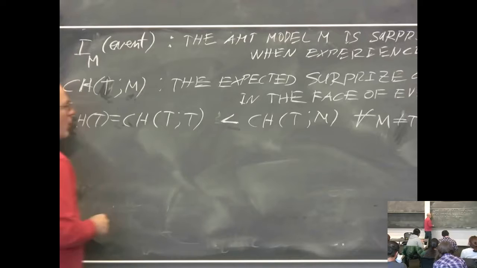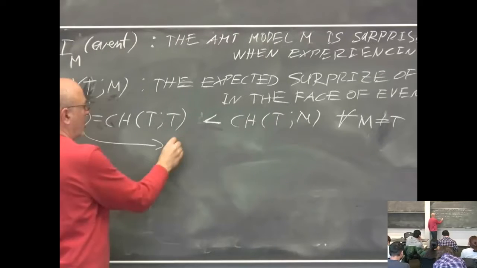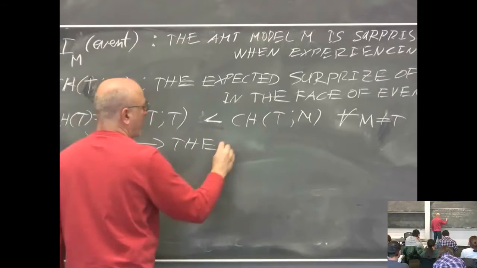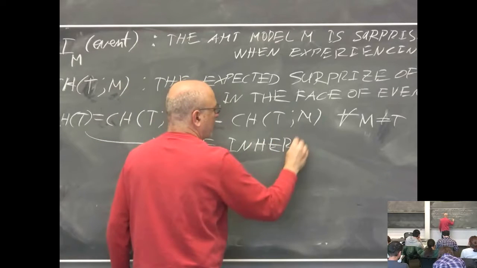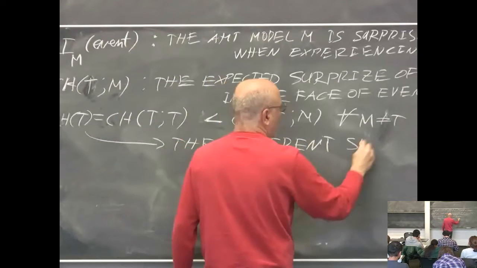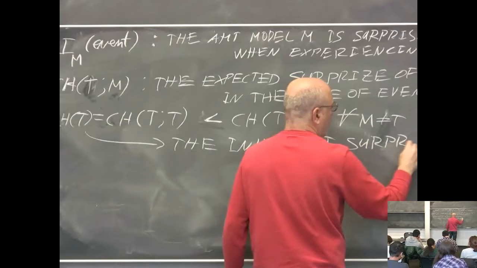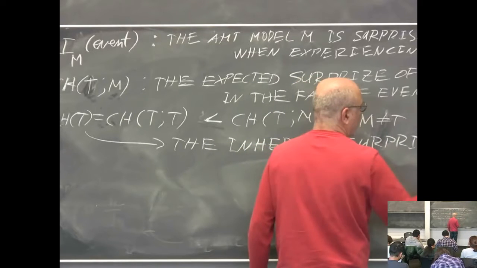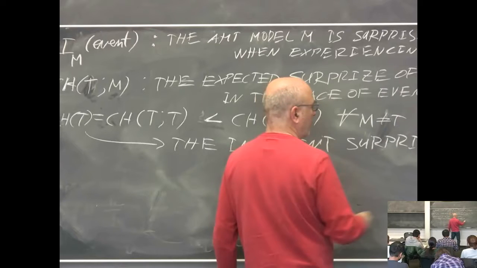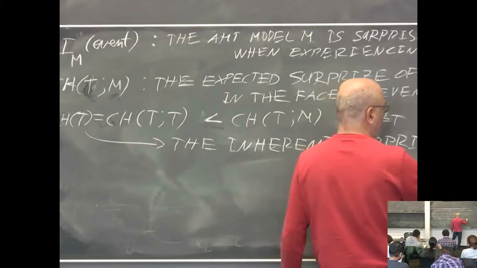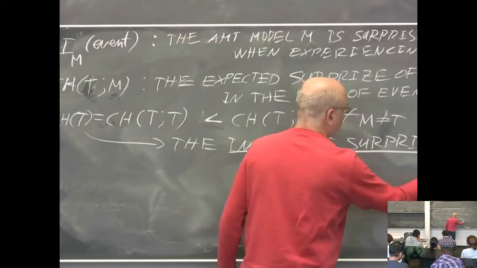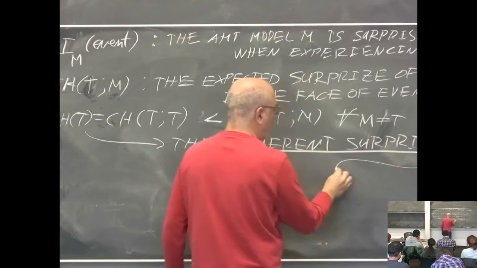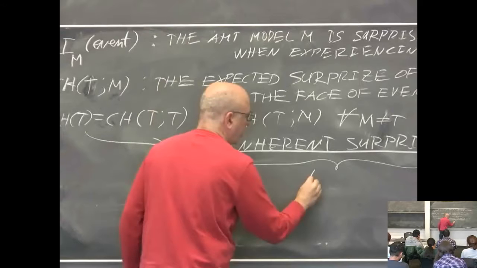So you can call this the inherent surprise in T. And this inherent surprise is what we'll call the information.